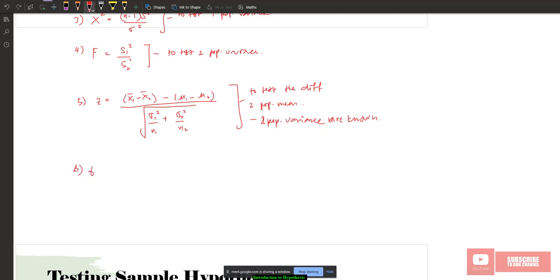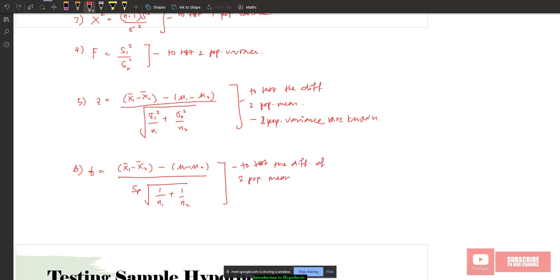And number 6, we have the T distribution. This is the same procedure: x bar 1 minus x bar 2 minus mu 1 minus mu 2, and then we divide by the pooled standard deviation times the square root of 1 divided by n1 plus 1 divided by n2. This is used when we want to test the difference of two population means, provided the two population variances are unknown.